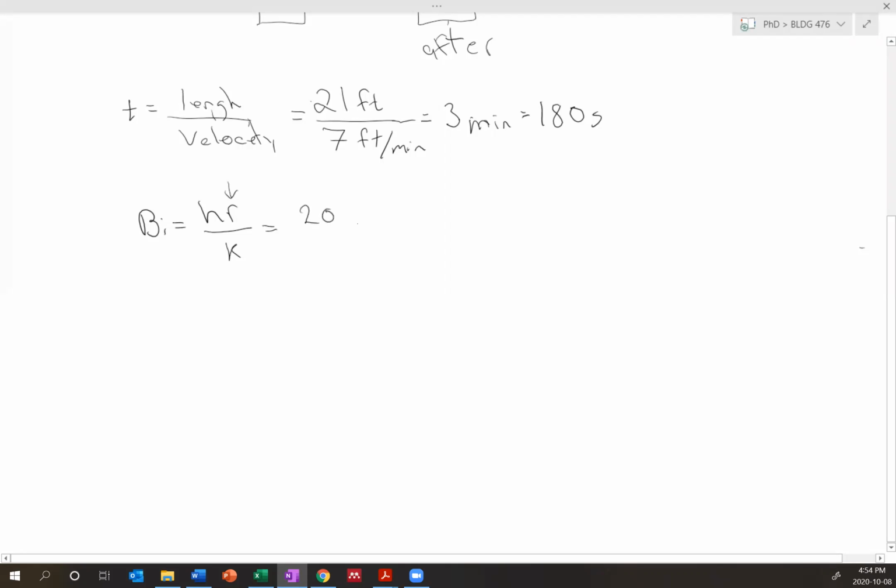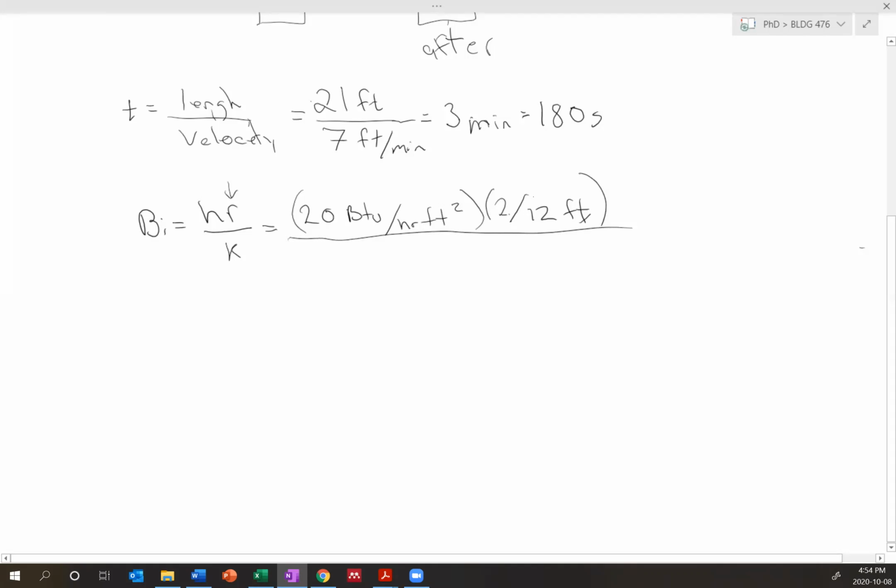It's a little bit weirder with the unit conversions.